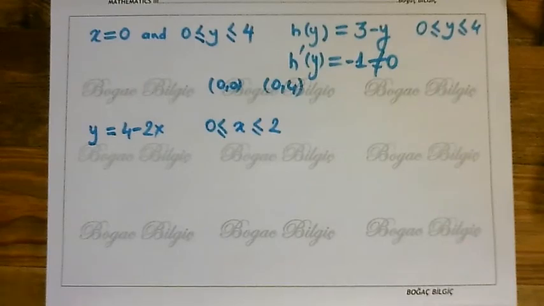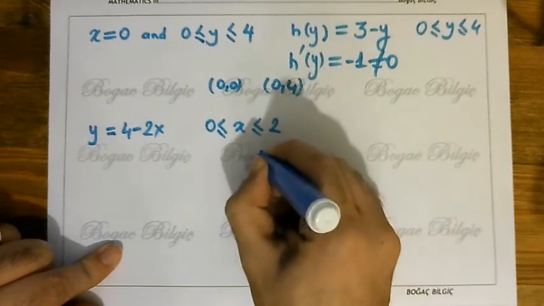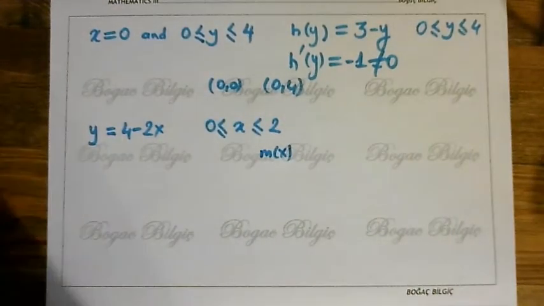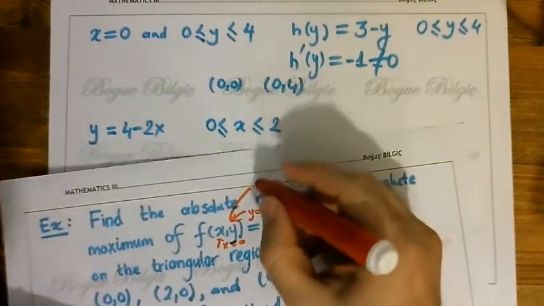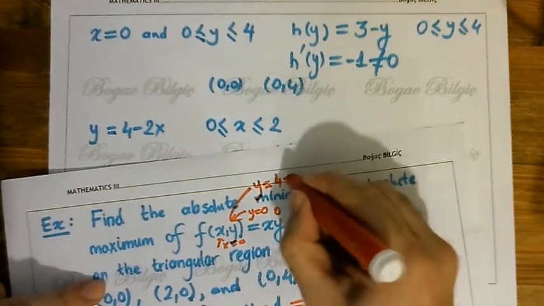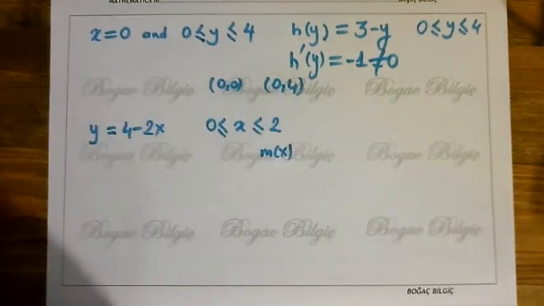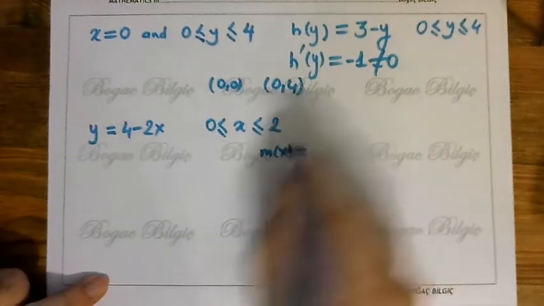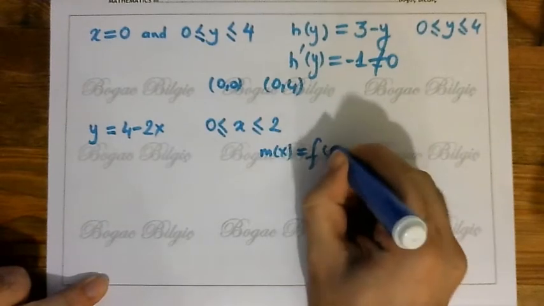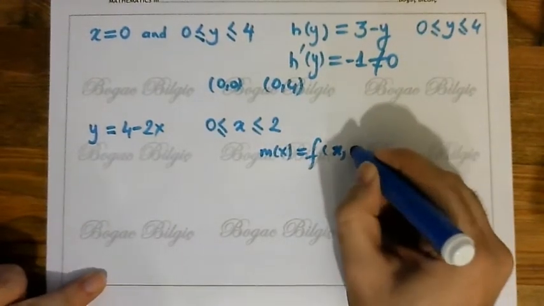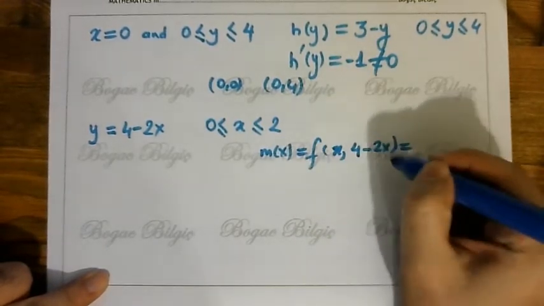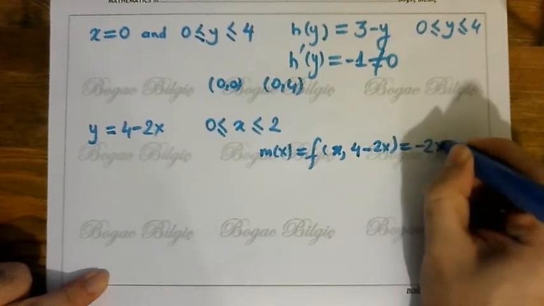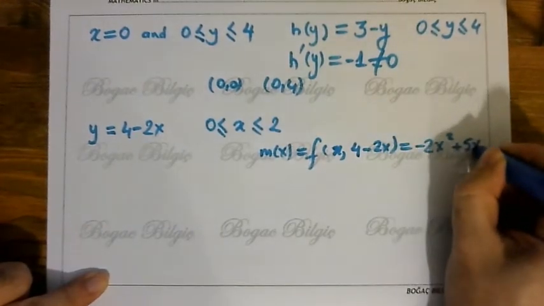On this segment, we will define a new function as follows. M function, m(x). Now, we write this function for y equal to 4 minus 2x. m(x) is equal to f(x, 4 minus 2x), which is minus 2x squared plus 5x minus 1.